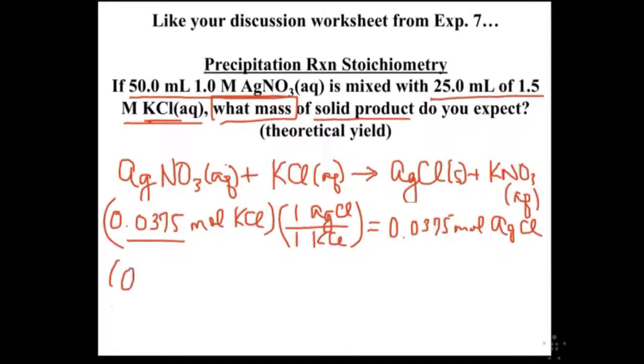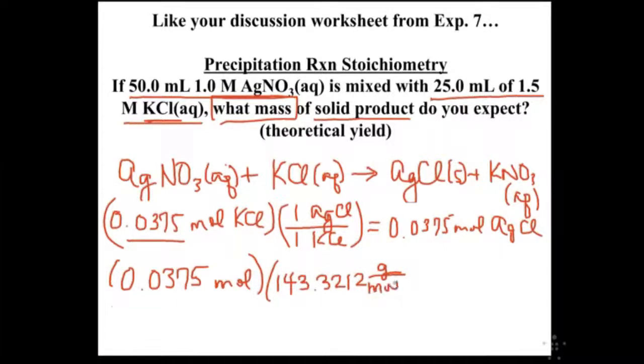So we need to take our 0.0375 moles times the molecular weight or molar mass, which is 143.3212 grams per mole. It's just the mass of silver plus the mass of chlorine.